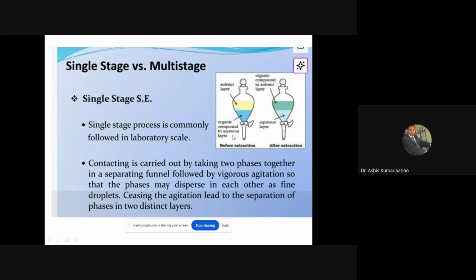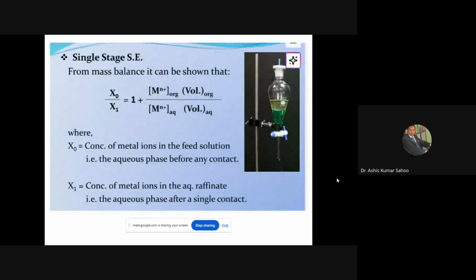The single stage process is commonly followed as a laboratory step. Contacting is carried out by taking the two phases together in a separating funnel, followed by vigorous agitation so that the phase boundary may disappear. These are the different solvent extraction phenomena, where X0 is the concentration of metal ion in the free solution, the aqueous phase before any contact.